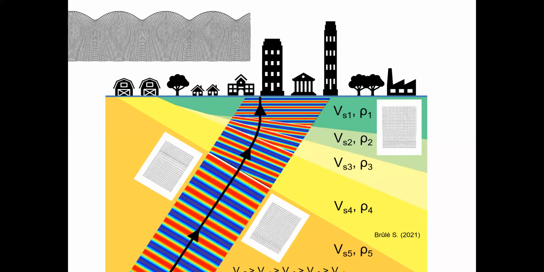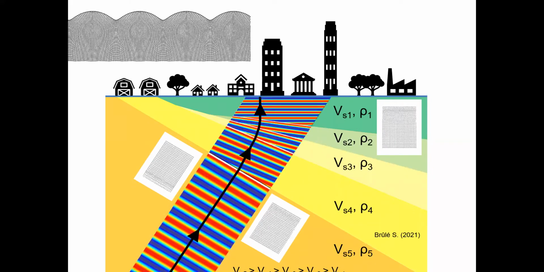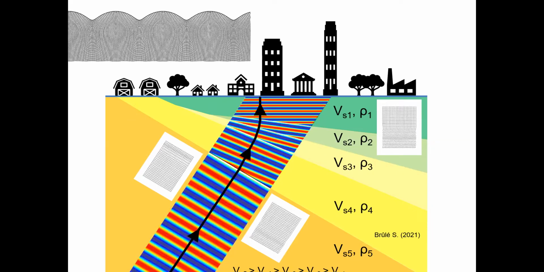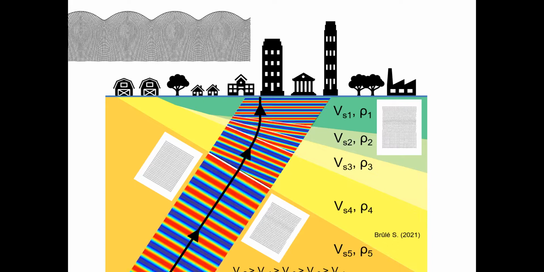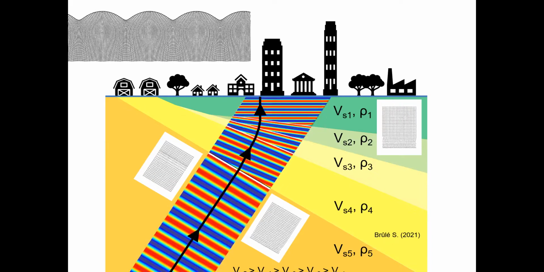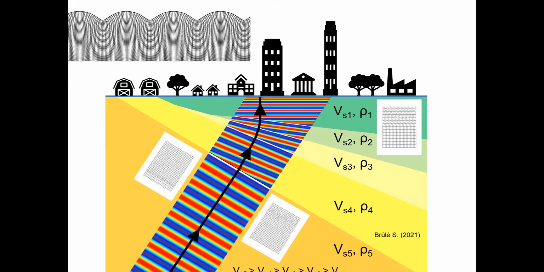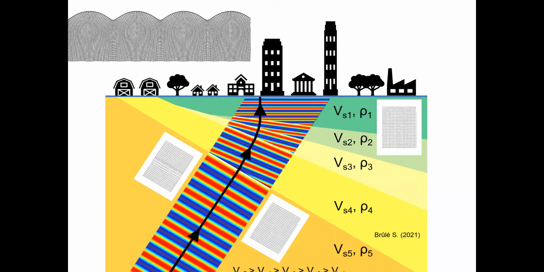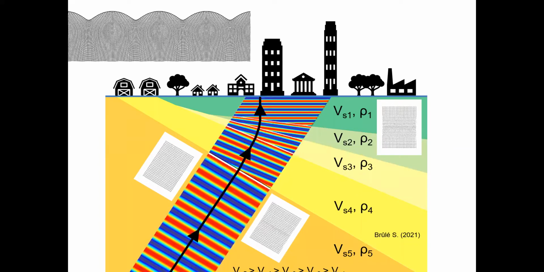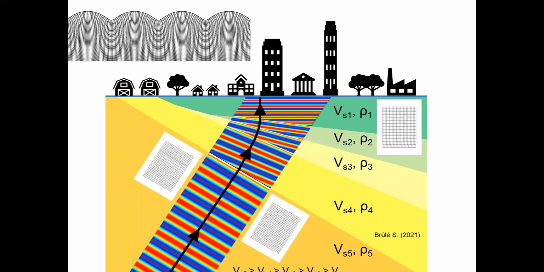Simple vertical incidents limit the modification, the conversion of waves at the interface. We have some small situations that limit the cases, but except in the huge basins, in the center part of the basin, we don't have exactly horizontal deposition of the sediment.